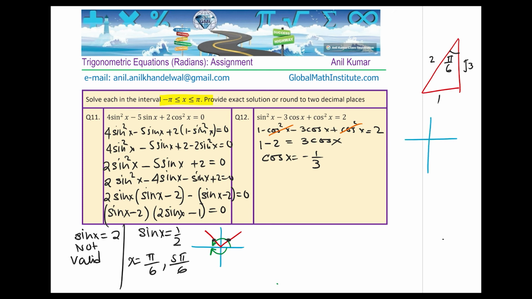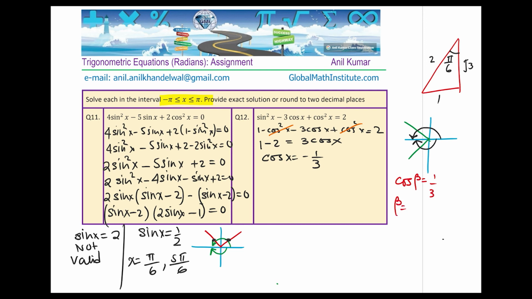Cos is negative in which quadrants? In quadrant 2 and in quadrant 3. So we have one solution going clockwise, the other one going counterclockwise when we are looking into the interval from minus pi to plus pi. So let's use the calculator, find the related acute angle beta. So let cos beta equal 1 over 3.